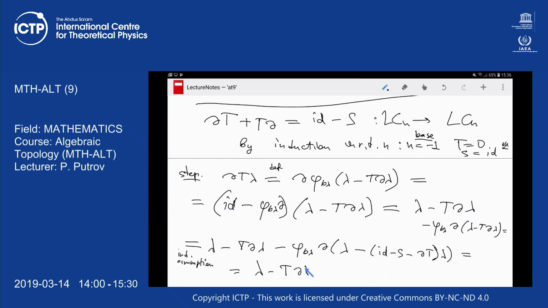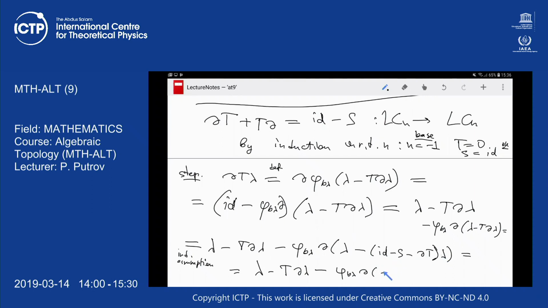So, okay, let me continue this quickly. I leave the rest unchanged. I can see that lambda minus identity action on lambda will cancel.